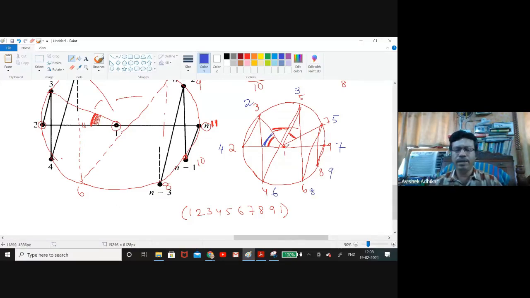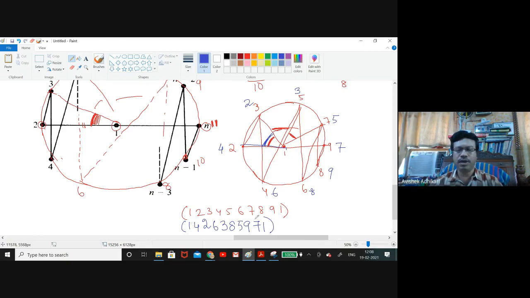Now if I make the same pattern, 1 goes to 4 first here, then come here, that means 2, then again come down, that means 6, then go up, that means 3, then go down, 8, then go up, 5, then come down, 9, and then again go back to 7, and from 7 you come to 1.